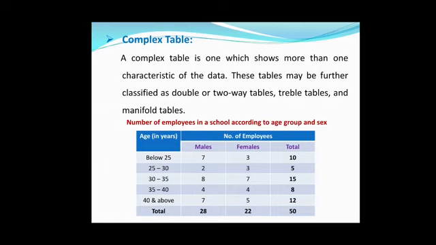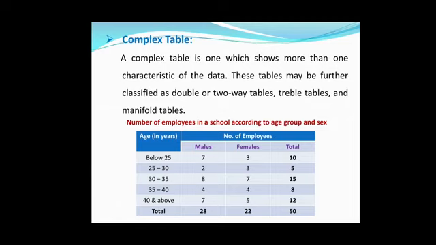So in case of complex tables, two or more characteristics are shown. When two characteristics are shown, such a table is known as a two-way table or a double table. When three characteristics are shown in a table, such a table is known as treble or three-way table.